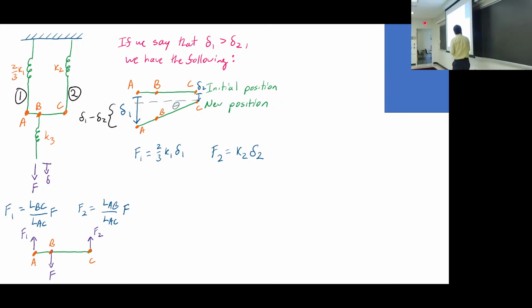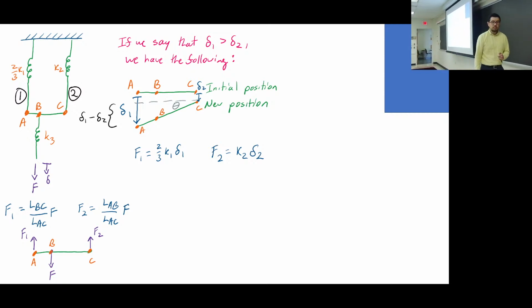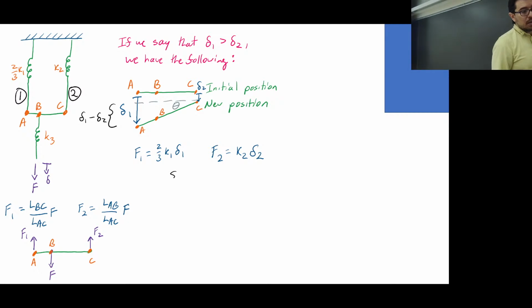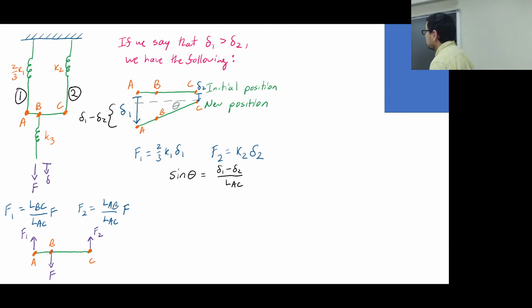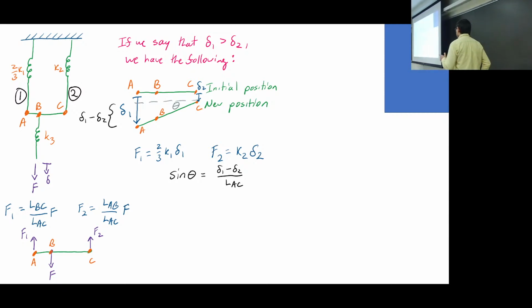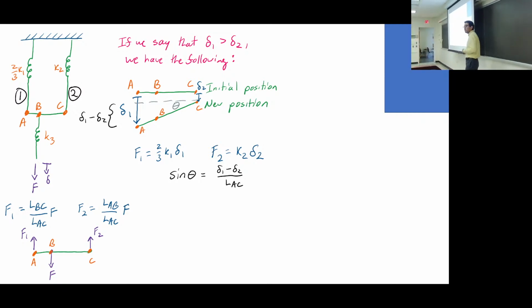You see we've drawn a right triangle here. This triangle from this gray line to A, that displacement we can say is delta 1 minus delta 2. The sine of theta, therefore, will be the quantity delta 1 minus delta 2 over the length of that beam, like you see there.